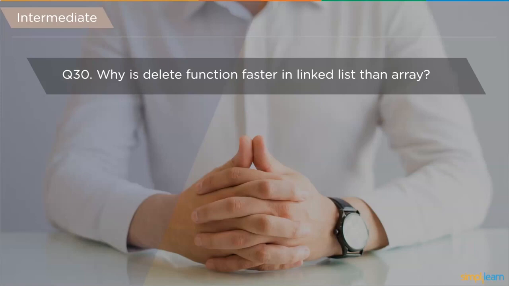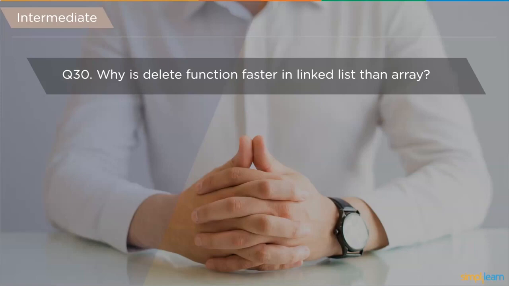In case you wanted to add a number or delete a number, you would have to make changes to the complete memory block. But when you come to a linked list, you have the memory blocks used from the memory heap. What you do here is connect the nodes through addresses.